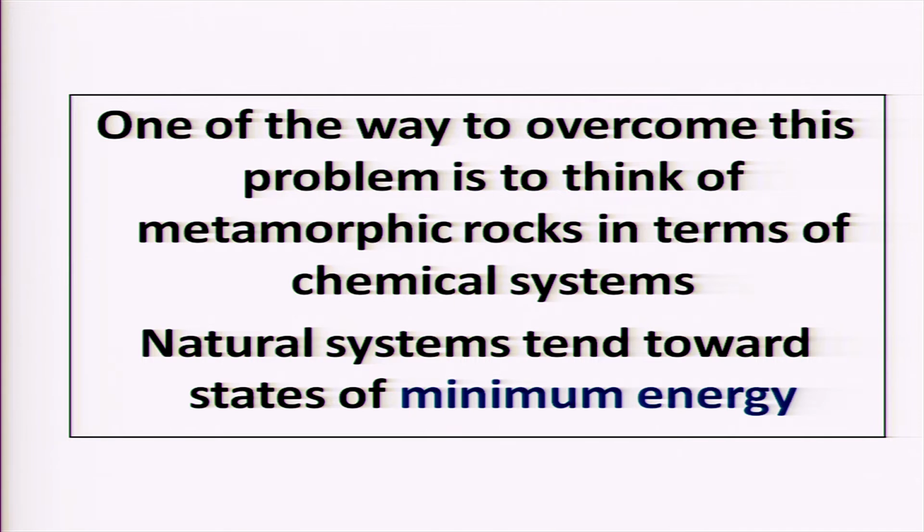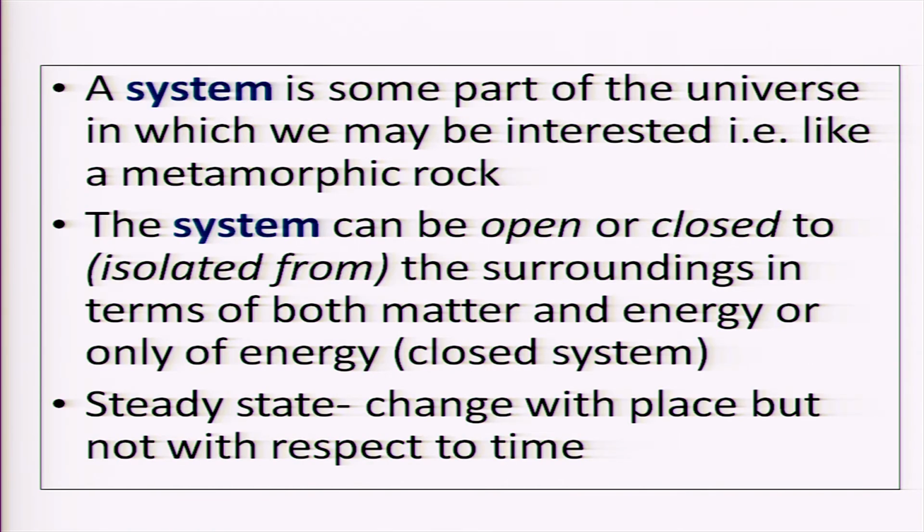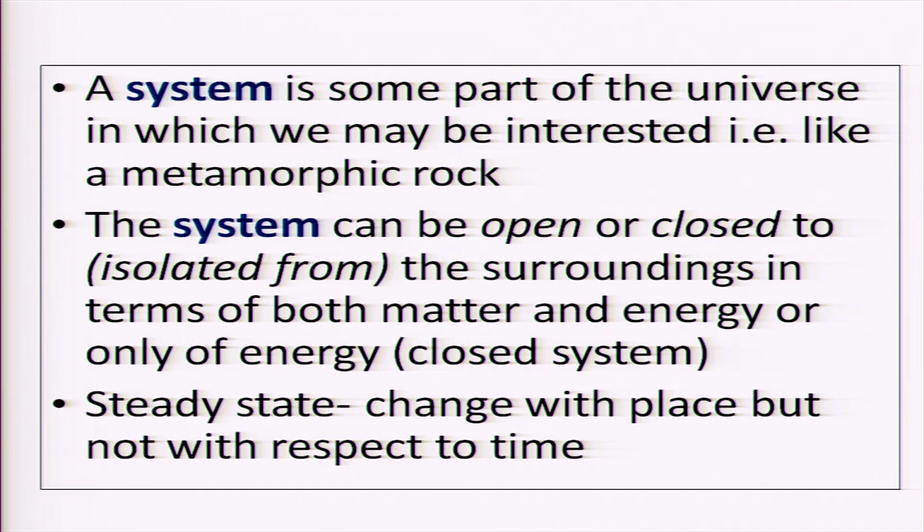In nature, most of the processes tend to move towards states of minimum energy. If we try to define a system, the system is any part of the universe in which we may be interested at a particular point of time. Since we are discussing metamorphic rocks, each metamorphic rock becomes a system. We will also see that it is not even that simple. The layers of different composition may themselves behave as separate systems within a metamorphic rock also.